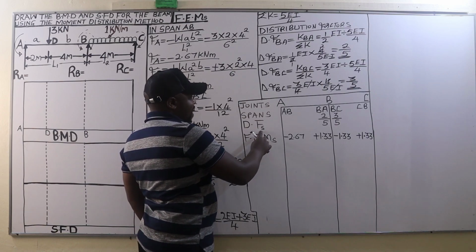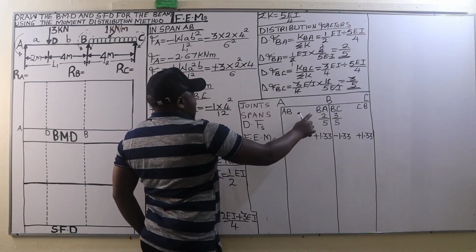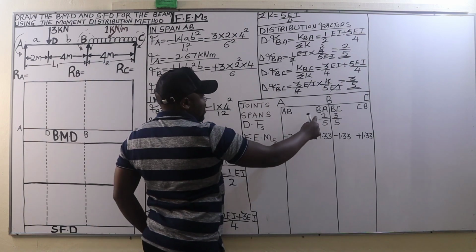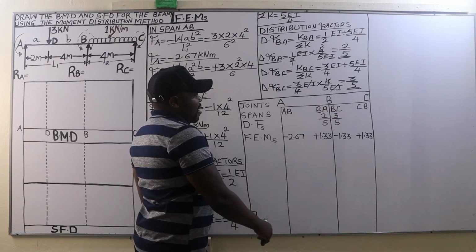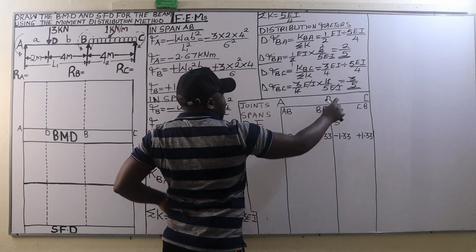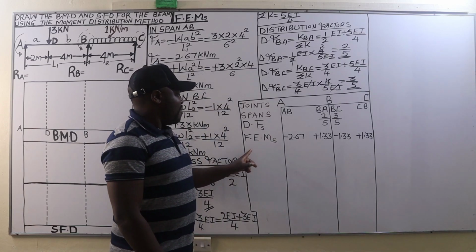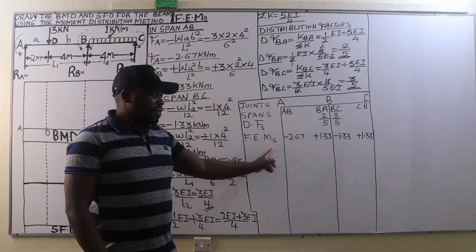Then the distribution factors: on the span B to A, the distribution factor is 2 over 5. On the member B to C, the distribution factor is 3 over 5. Then after that, we have the fixed end moments.